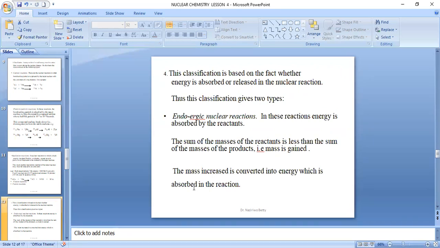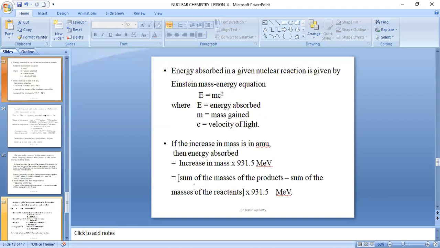And here, the sum of the masses of the reactants is less than the sum of the masses of the product. In other words, mass is gained. The mass increase is converted into energy, which is absorbed in the reaction.